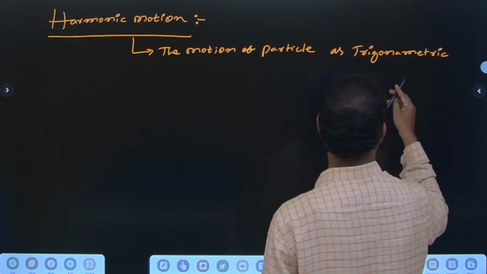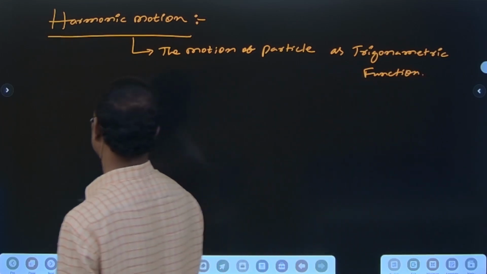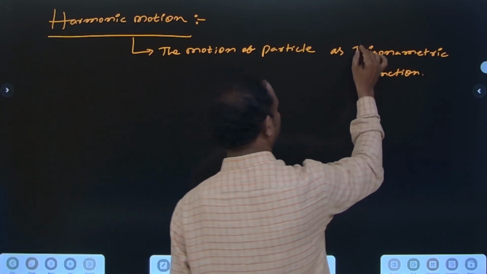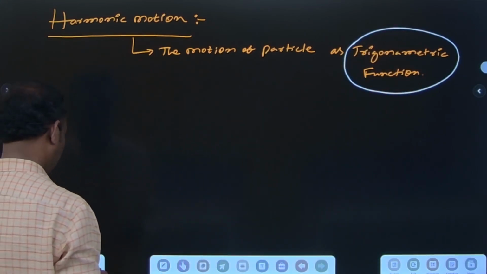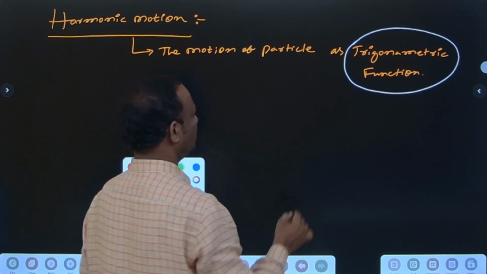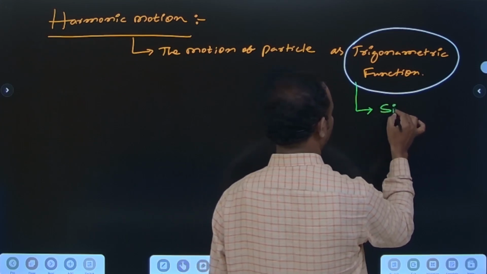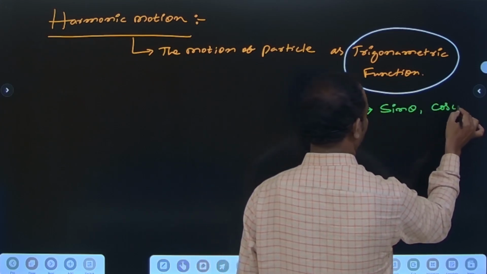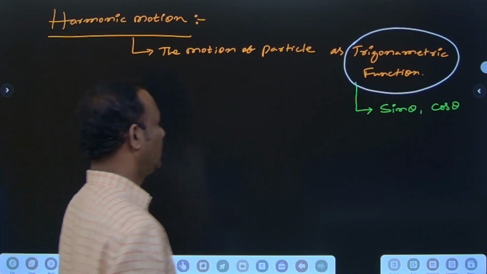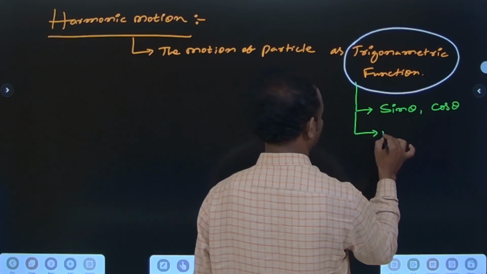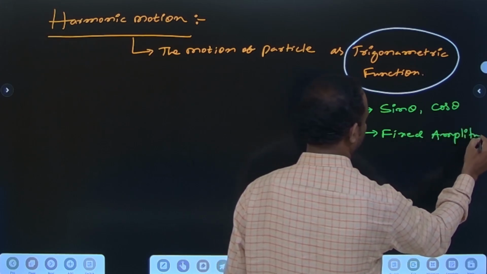In the trigonometric function, the first thing you should know is that it is a sine function or cosine function, and it should have a fixed amplitude.